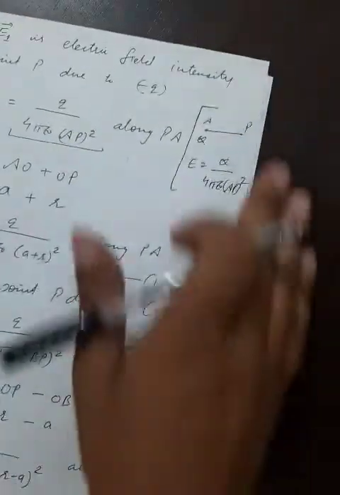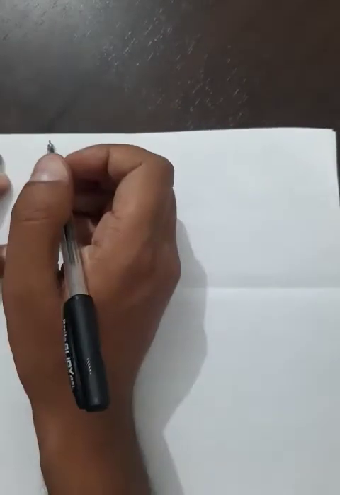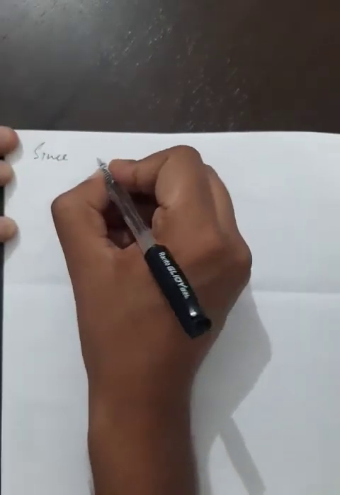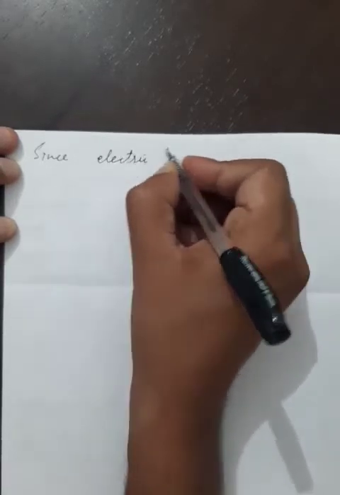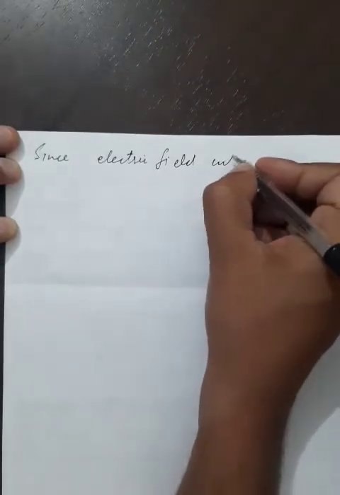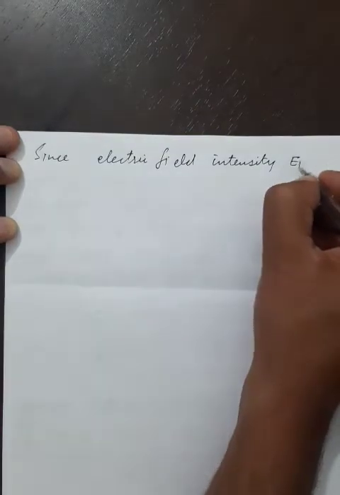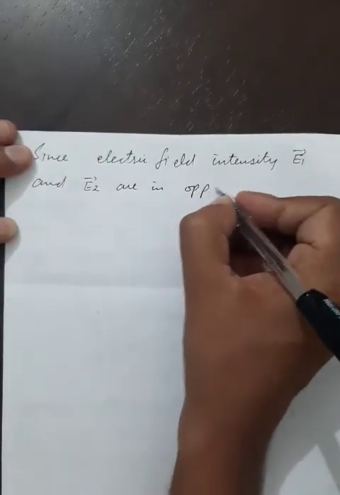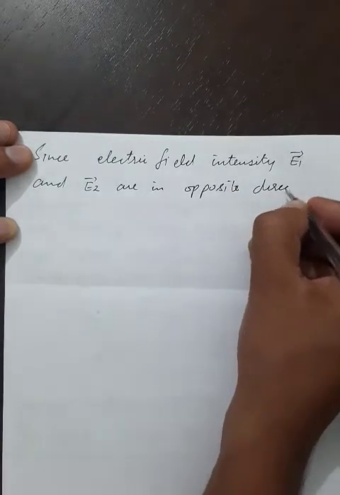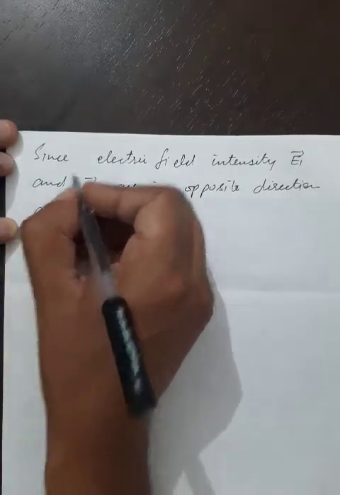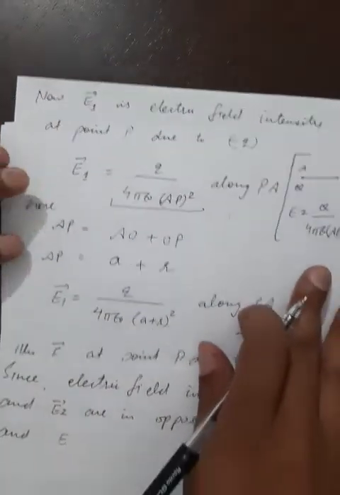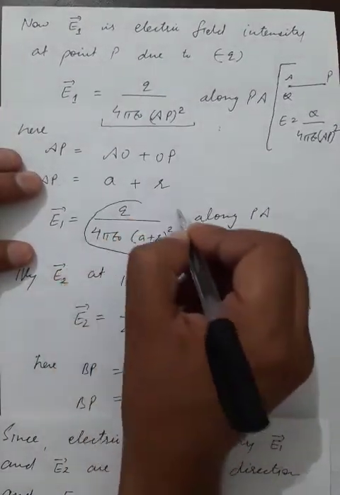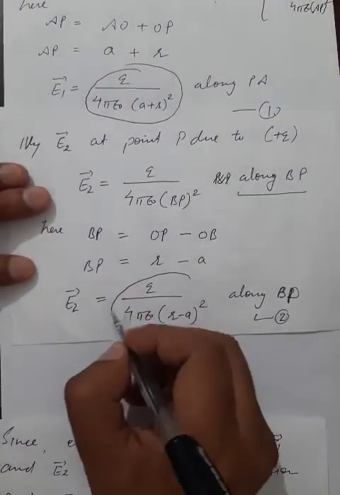Now since electric field intensity E1 vector and E2 vector are in opposite direction, this is the magnitude of E1, and in point second this is the magnitude of E2.